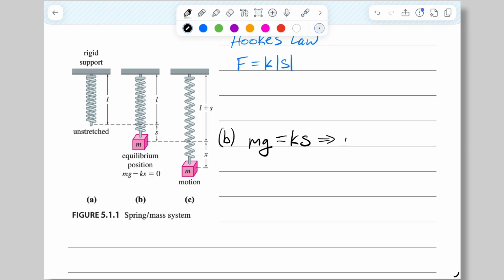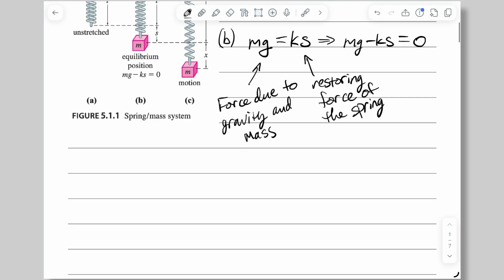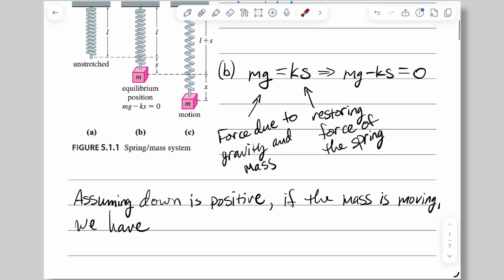That gives us that mg minus ks is equal to 0. Otherwise, it wouldn't be at equilibrium. This k that we see in the ks expression is the spring constant. Part of our work is generally going to be to find that. For our work, we're going to assume that down is positive. That's an arbitrary choice, but it's what we're going to roll with.